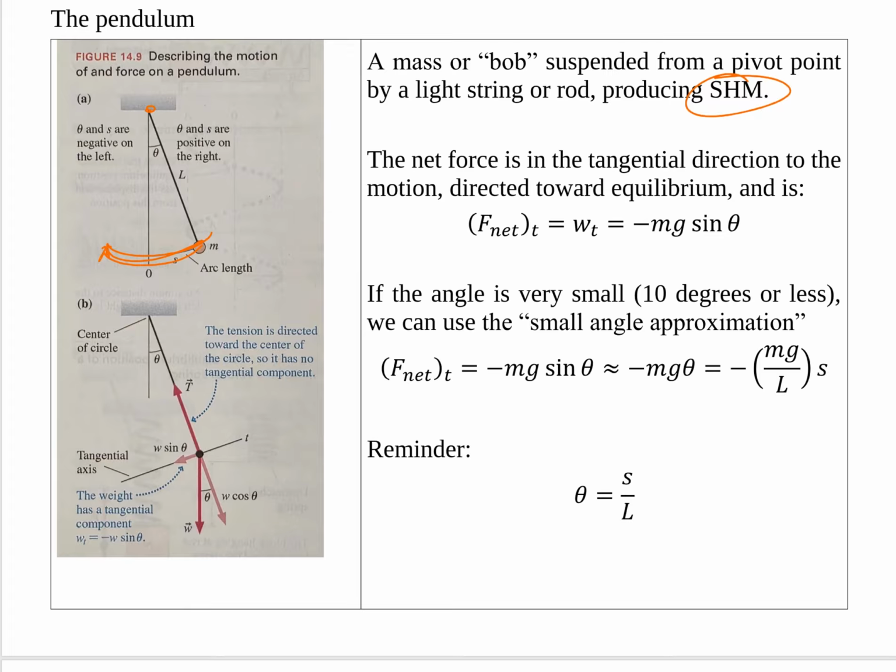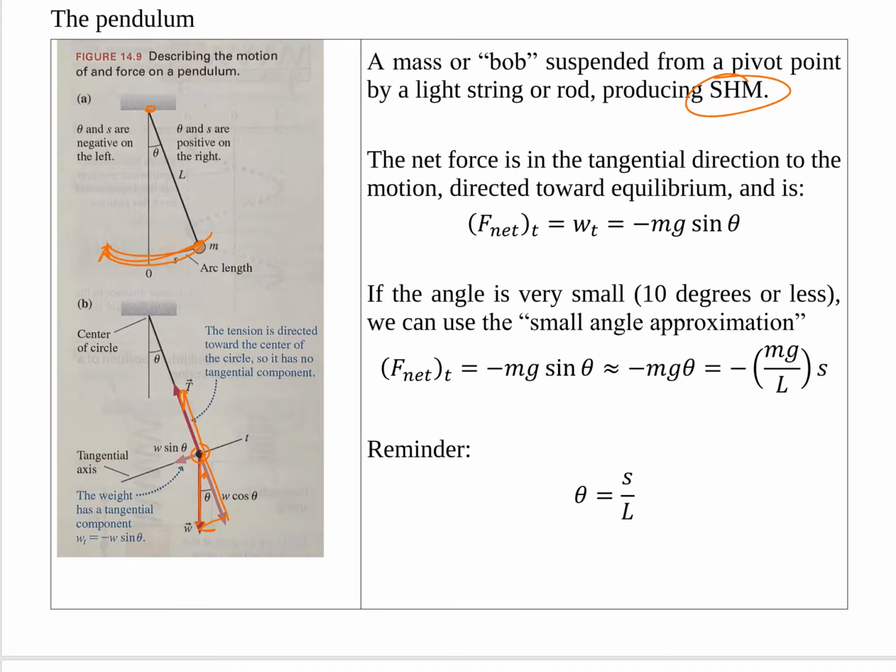Okay, so if we look at the free body diagram for the pendulum bob right here, the forces acting on it are its weight down, of course, and also the tension in the string or bar. Now, we can break the weight into components, like we've been doing all year long, a y component and an x component.